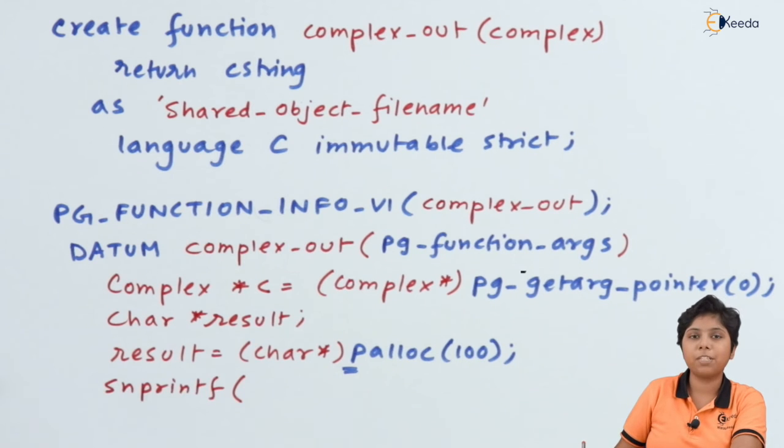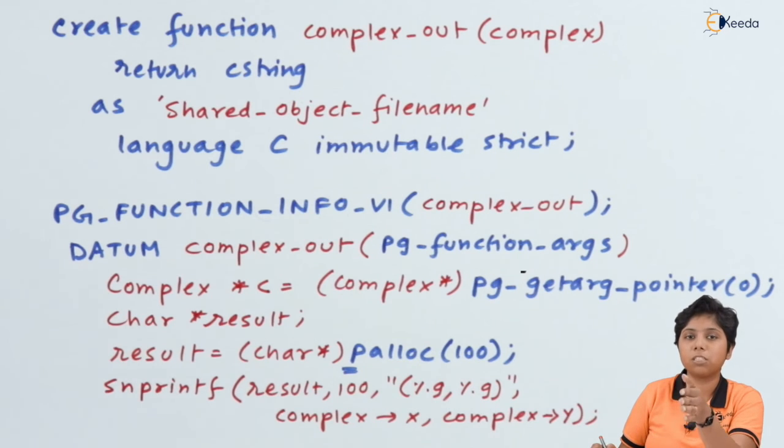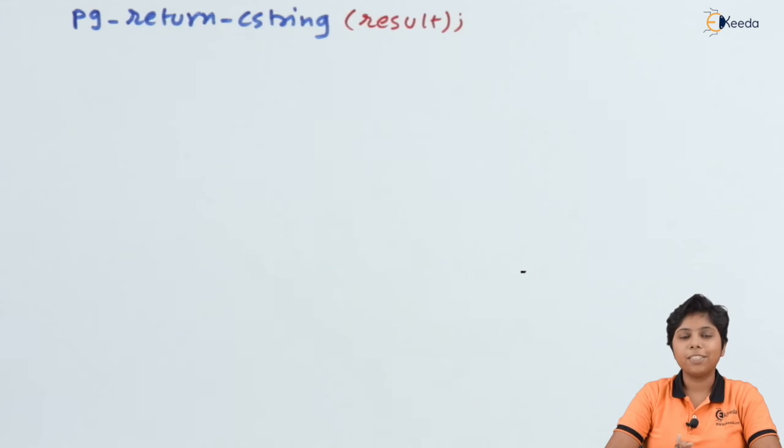The snprintf is the printf function for PostgreSQL. Now we are getting the result and this complex x and complex y value that we have defined in the C structure complex, which has two double variables, x and y. Now finally we will return the result as the C string.